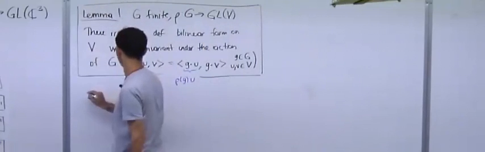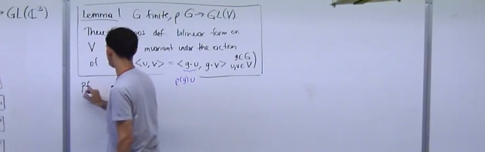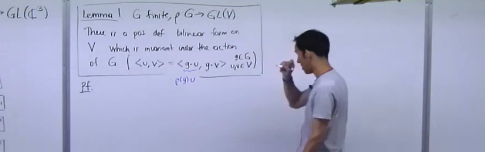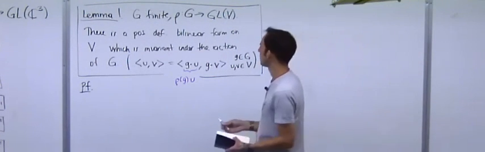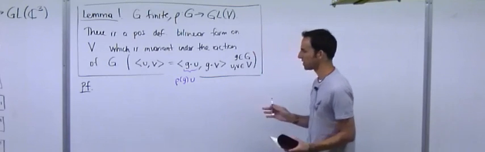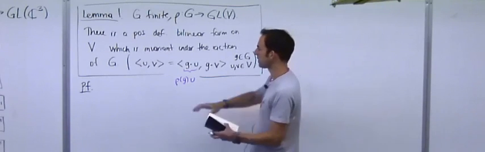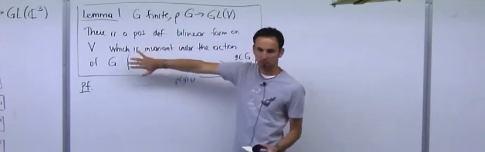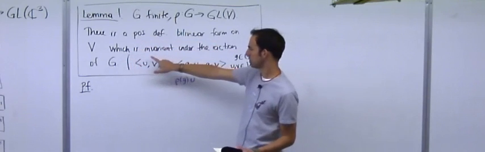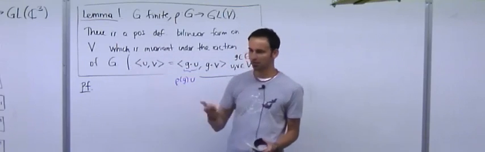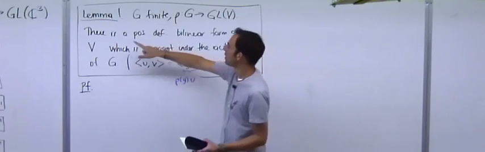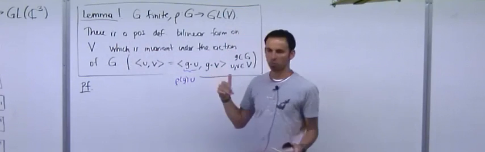So there's my first lemma. Okay. So proof. First, let's ask ourselves a simpler question. If I forget about this business of being G invariant, which is a short way of saying invariant under the action of G, if we forget about that, is there a positive definite bilinear form on V, period?